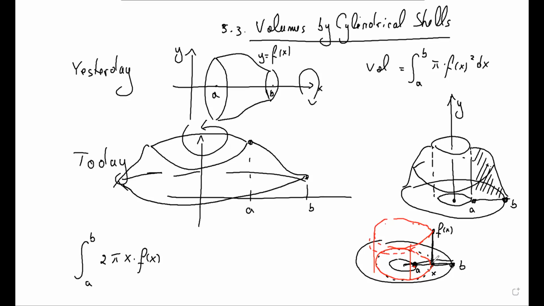So that's the height of the cylinder. So that's the exterior area, and this is the thing that you want to add up. And this formula is going to give you the volume. So the volume in this case is a volume of revolution about the y-axis. This is the story that we're working on here.